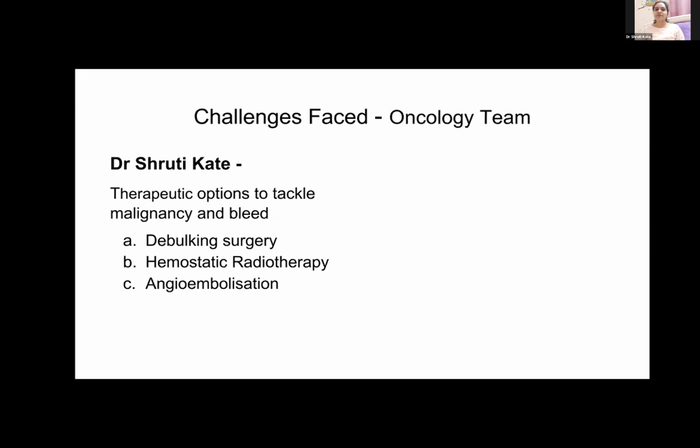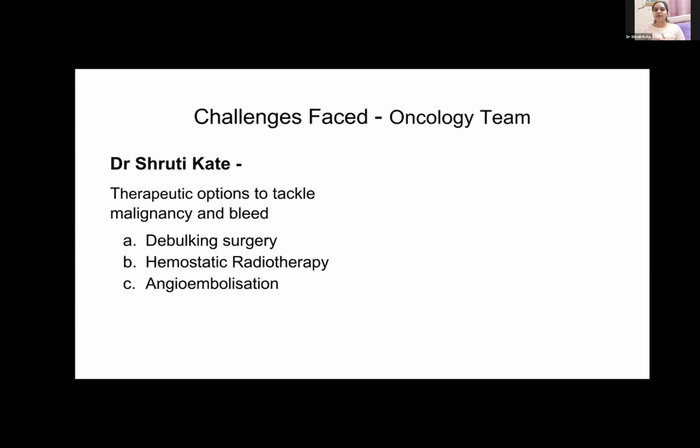So I have gone ahead with angioembolization only when we have been able to identify a bleeder, mostly in an intestinal bleed or something. For stomach, I have not found it very helpful.